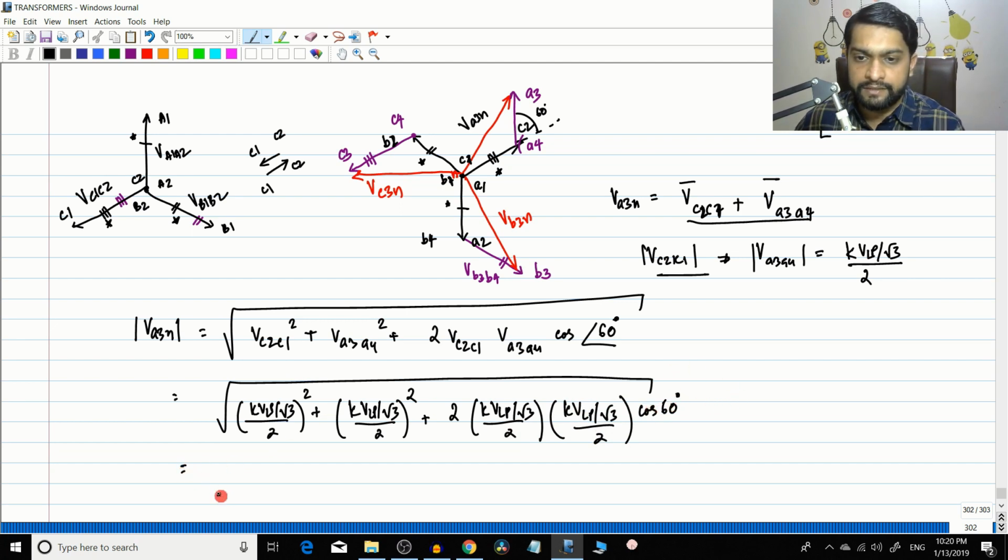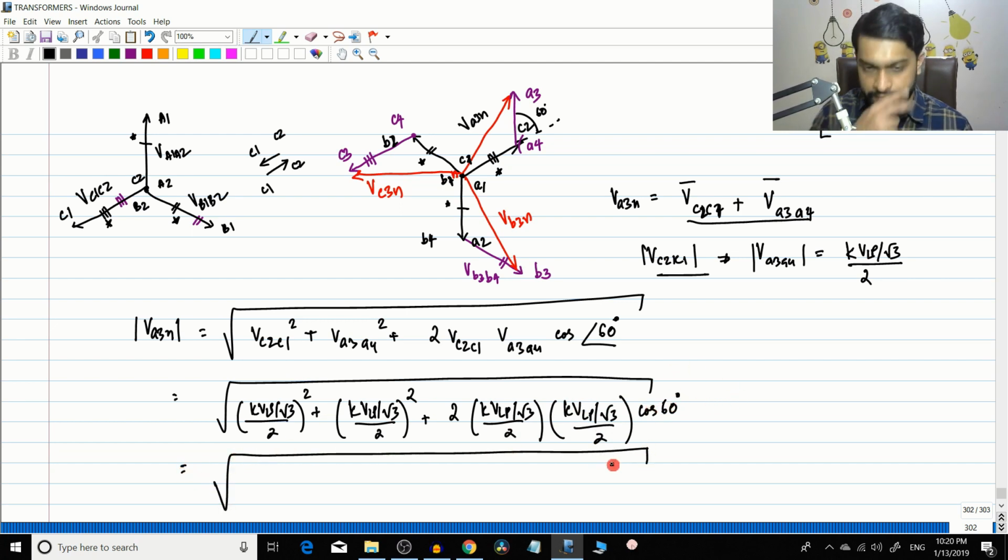If you simplify this, cos 60 is 1 by 2, so this 1 by 2 and this 2 get cancelled.